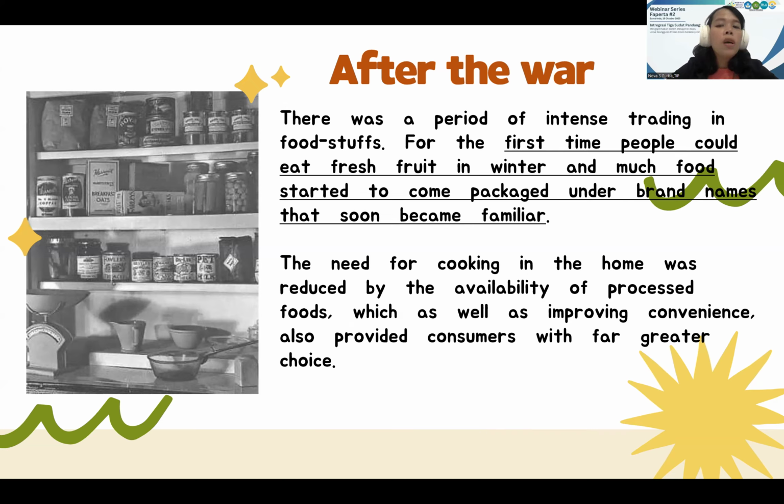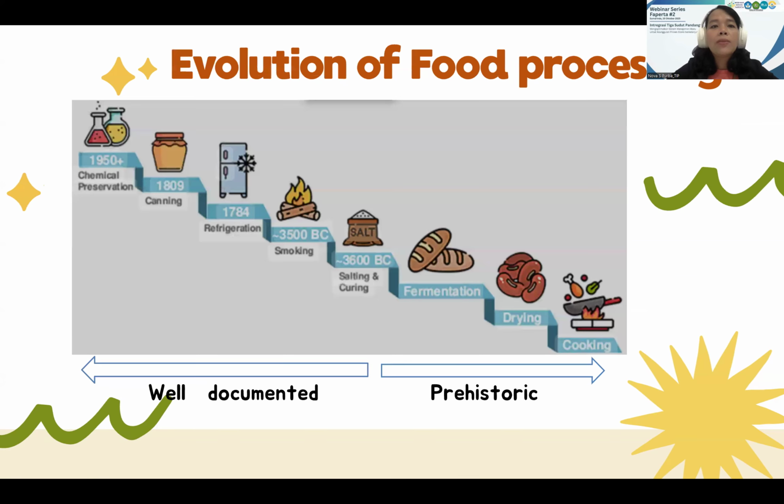So fewer people cooked at home, and with the reliability of processed food they started to use canned food or food packaged in bottles, which as well as being very convenient for them at that time, also provided customers with far greater choices.